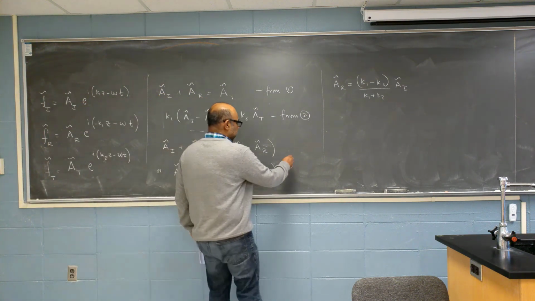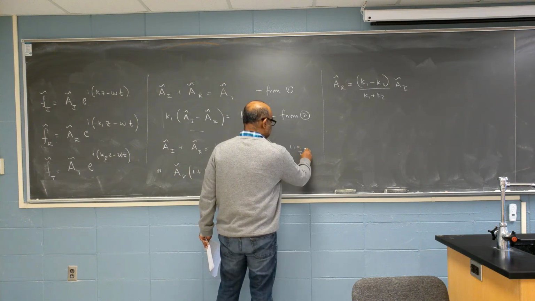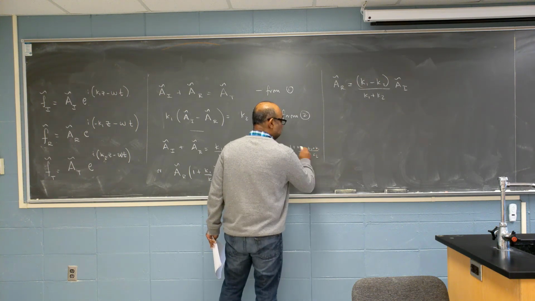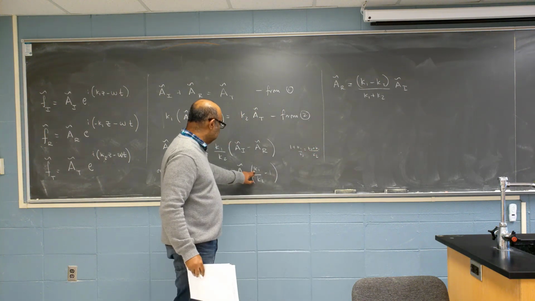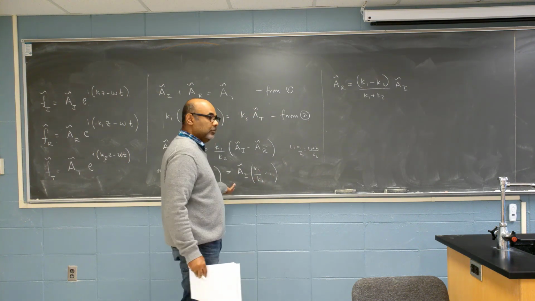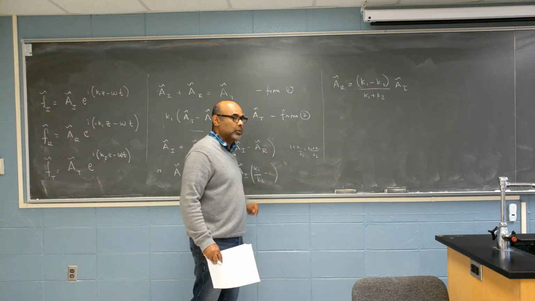Note that 1 plus K1 over K2 is nothing but (K2 plus K1) over K2. And this is (K1 minus K2) over K2. And then when you divide, the numerator and denominator flip, and the K2s cancel.